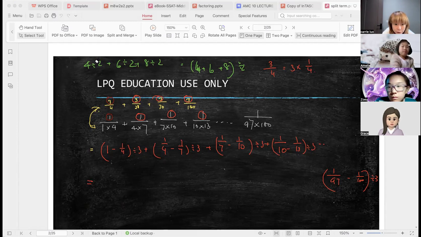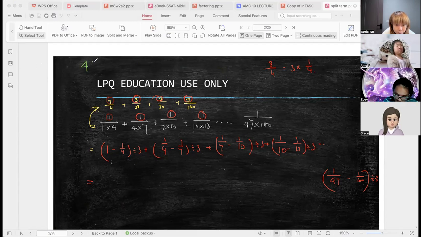Okay, I'm going to do it again. This one is not very clear, so I'll write it more carefully. If we have 4 divided by 2 plus 6 divided by 2 plus 8 divided by 2, we can do 4 plus 6 plus 8 divided by 2 together. Correct, Grace? Do you understand?